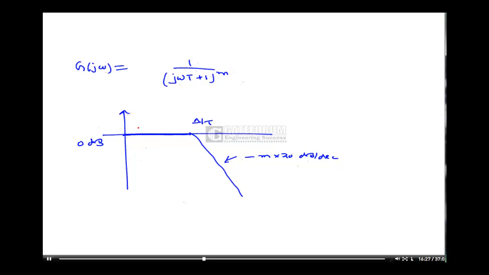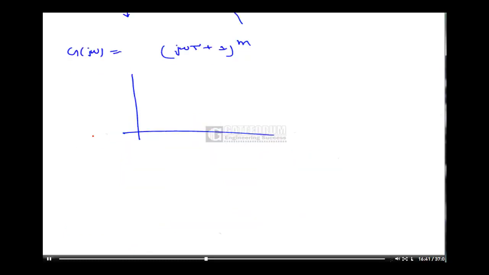Okay, the rate of decrease of slope is high. Similarly, if it is a zero of order m, this is increasing at m into 20 dB per decade. Okay, so simple. So we have taken the first case when there are simple zeros. Now suppose there are quadratic factors.